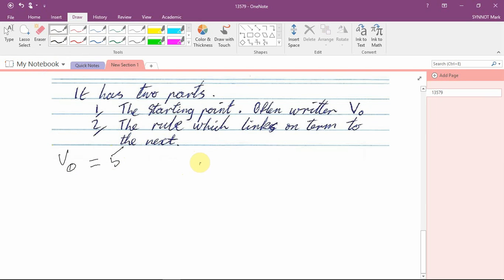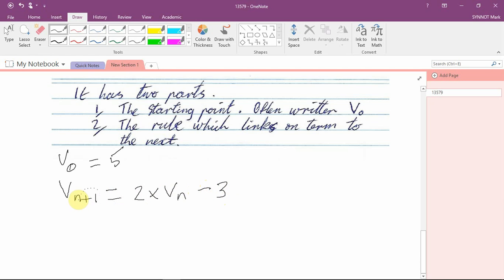All right, and then the rule. So to get the next term, n plus 1 here just means the next term. What did we do? Well, it said 2 times the number, or double the number, so 2 times Vn, this term, and then take 3.